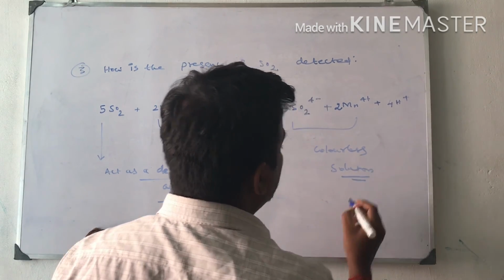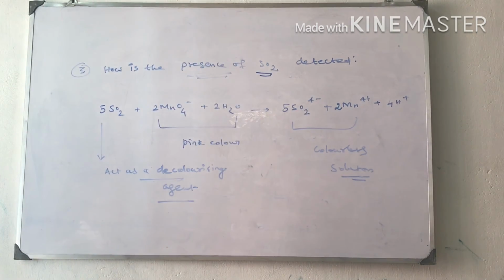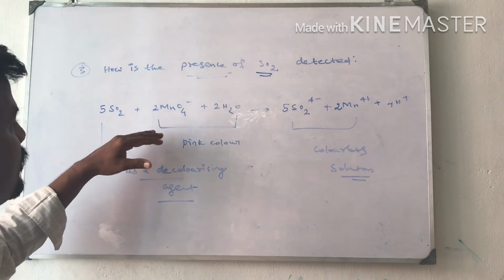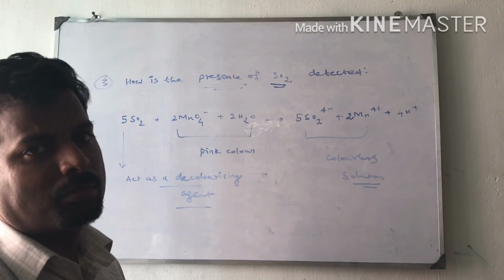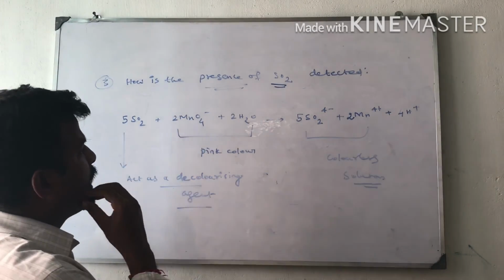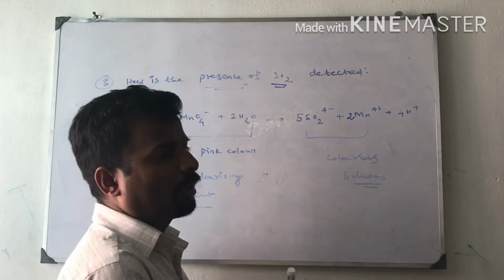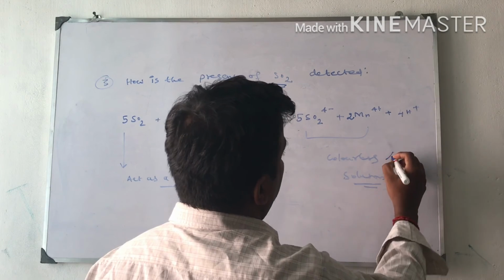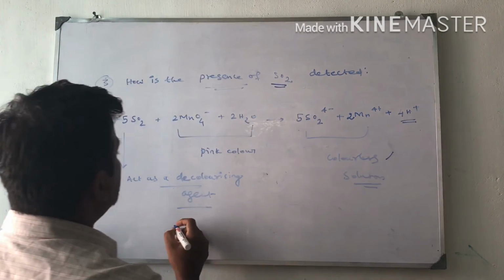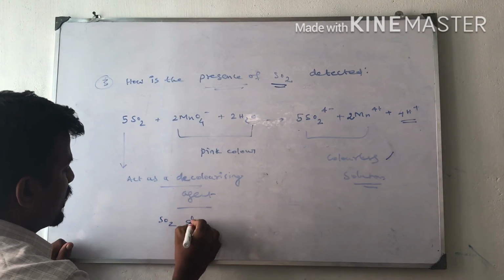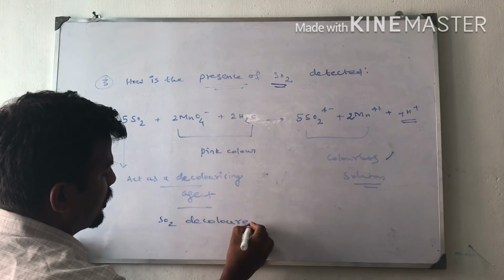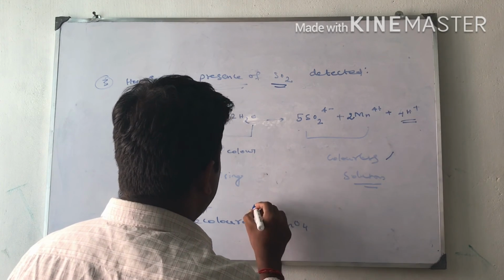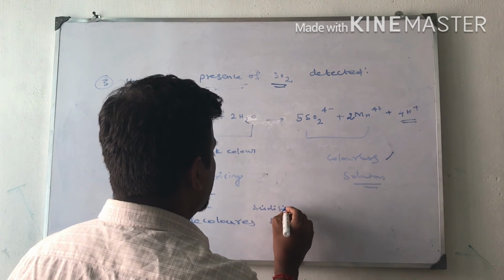So in this question, how is the presence of sulfur dioxide detected? Sulfur dioxide reacts with permanganate ion in the presence of water to form sulfate ion, manganese ion and hydrogen ion. In this way, sulfur dioxide decolorizes acidified potassium permanganate.